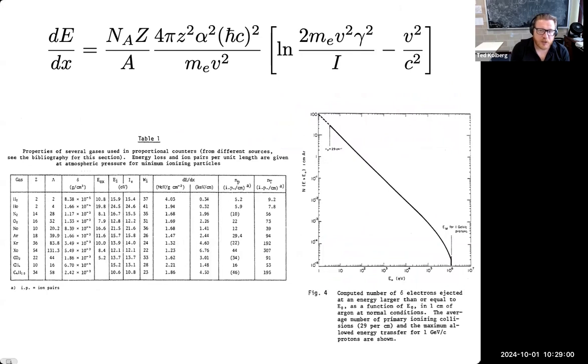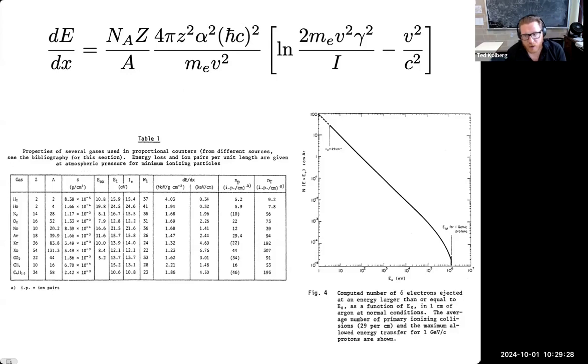Remember from the first lecture that we're able to analyze the amount of ionization that a particle is expected to produce. The dE/dx of a particle depends on the speed of the particle in the medium compared to the speed of light, as well as the properties of the material it's interacting with, the Z and the A of the material, as well as some constants related to electromagnetism.